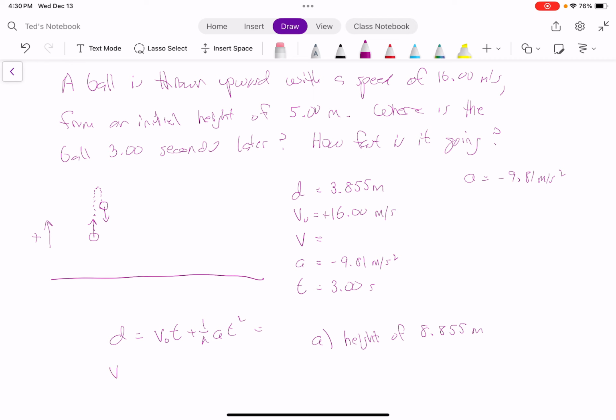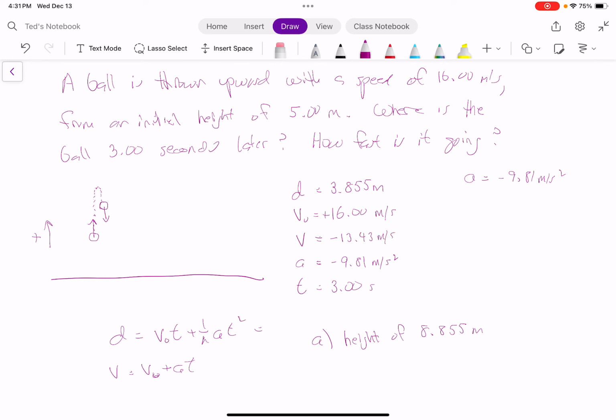I'm still interested to know its final velocity. The final velocity I can use equal to initial velocity plus acceleration times time. So the initial velocity was 16 plus negative 9.81 times 3 seconds gives me a final velocity of negative 13.43 meters per second.